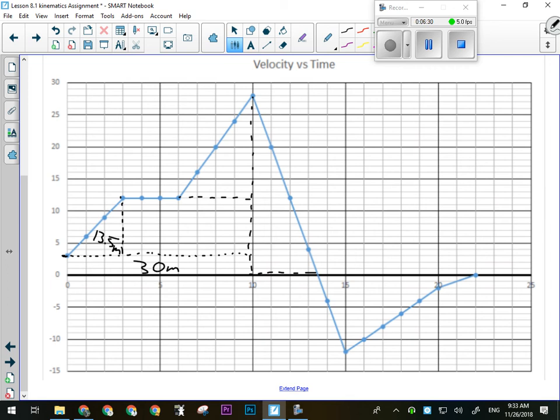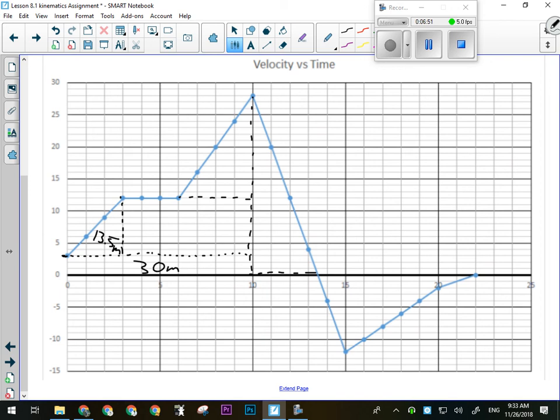That's all we're doing here, calculating the area of these shapes by using the average velocity times the time. So for this rectangle, the average velocity during this rectangle is the height of this rectangle. Now, not all the way to the bottom, just the height of this rectangle. It goes from 3 to 12, so the height of it is 9, and it goes for 7 seconds.